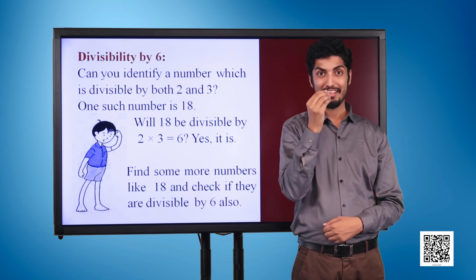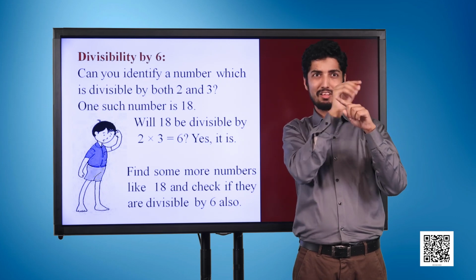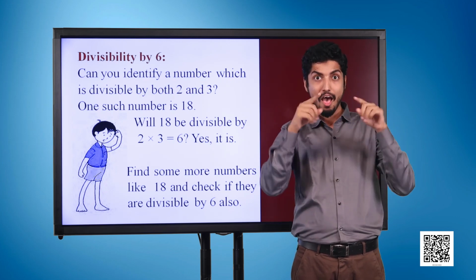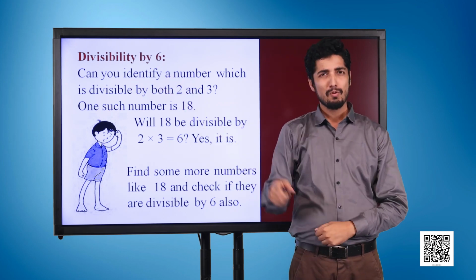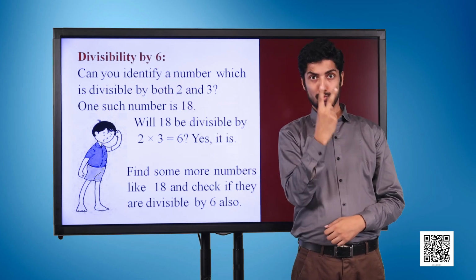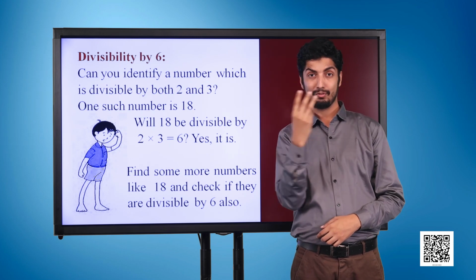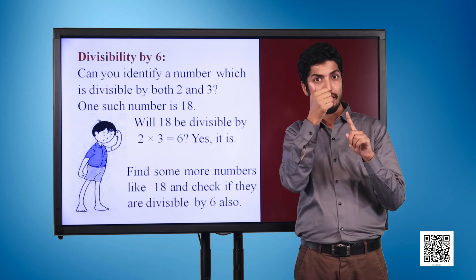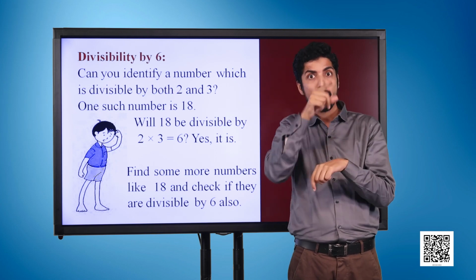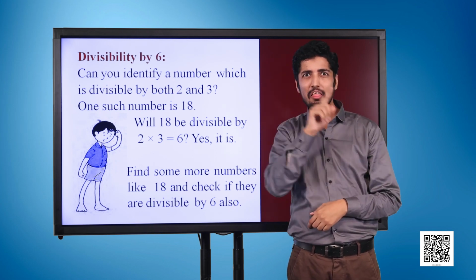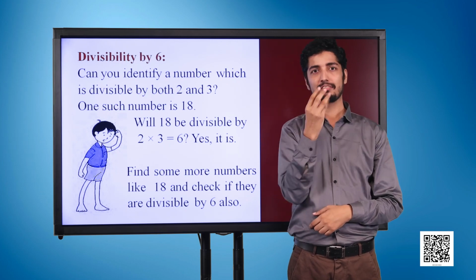Divisibility by 6. Can you identify a number which is divisible by both 2 and 3? One such number is 18.